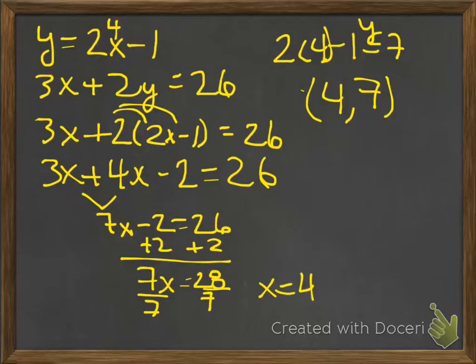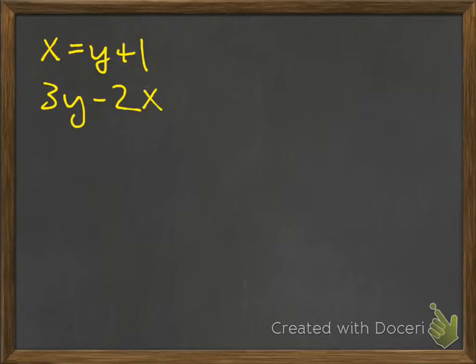This is the one that has technically the most steps. And notice those steps. For example, x is equal to y plus 1 and 3y minus 2x is equal to 2.